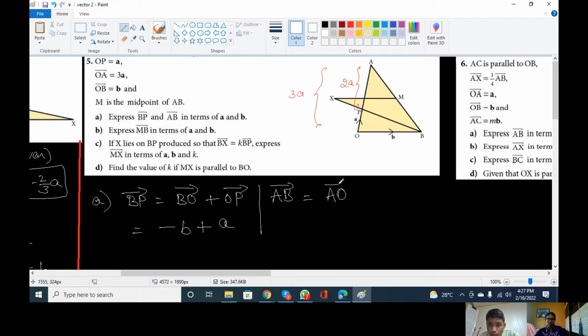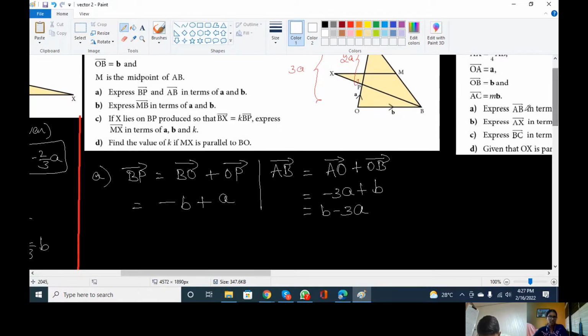We can write AO plus OB. Okay. AO is minus 3A and OB is B. So the answer is B minus 3A.